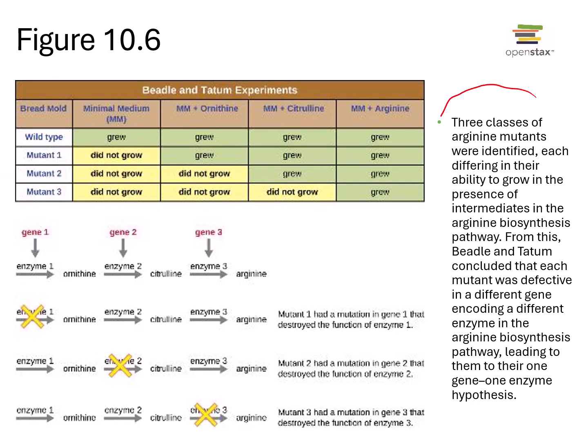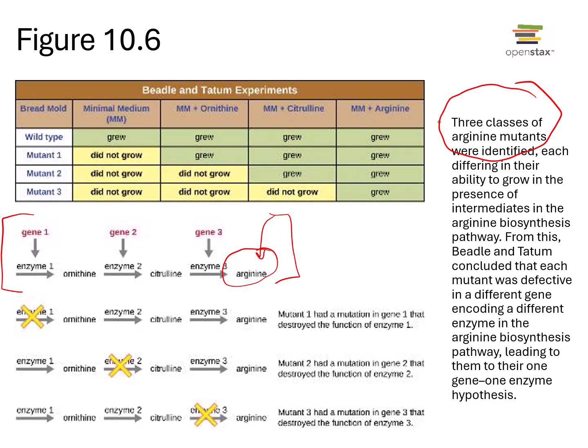When they examined their mutants more closely, they found 3 different types of mutants. Arginine is used in many different types of proteins, and the cells did not grow when they could not make arginine because they couldn't make those proteins or enzymes that had arginine as a component.